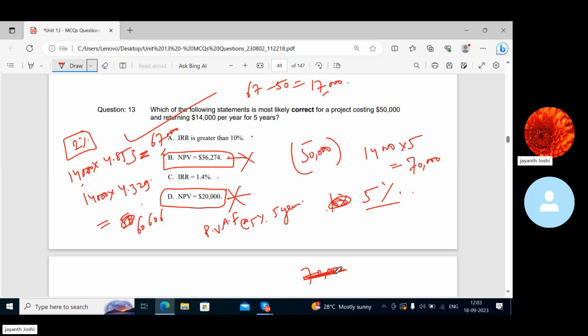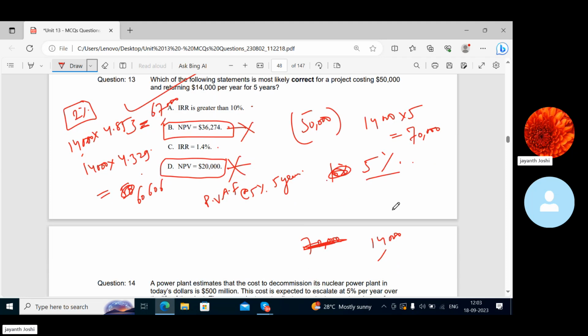So the return in the first year is 14,000. How much is this of the initial investment? 50. How much percent? 28%.